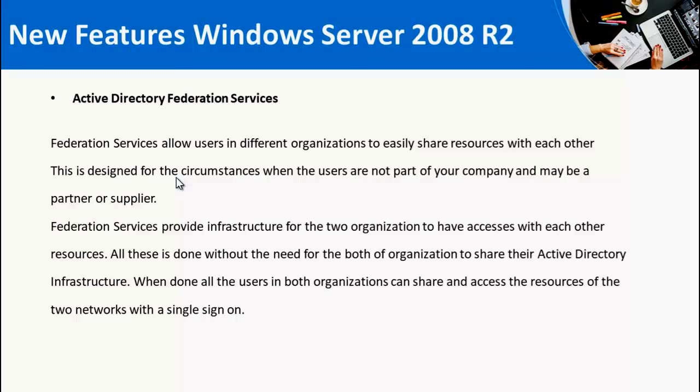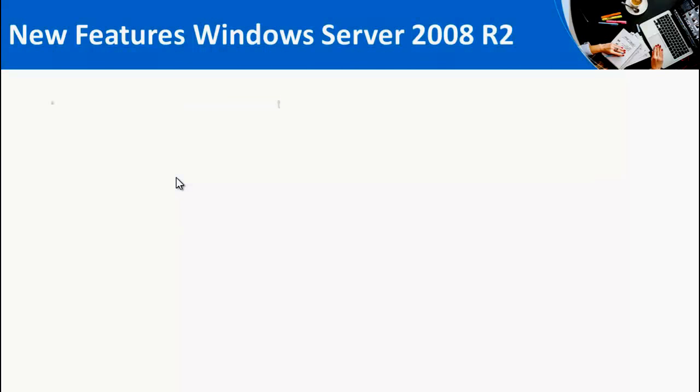Federation services provide infrastructure for the two organizations to have access to each other's resources. All this is done without the need for both organizations to share their Active Directory infrastructure. When done, all the users in both organizations can share and access the resources of the two networks with a single sign-on.